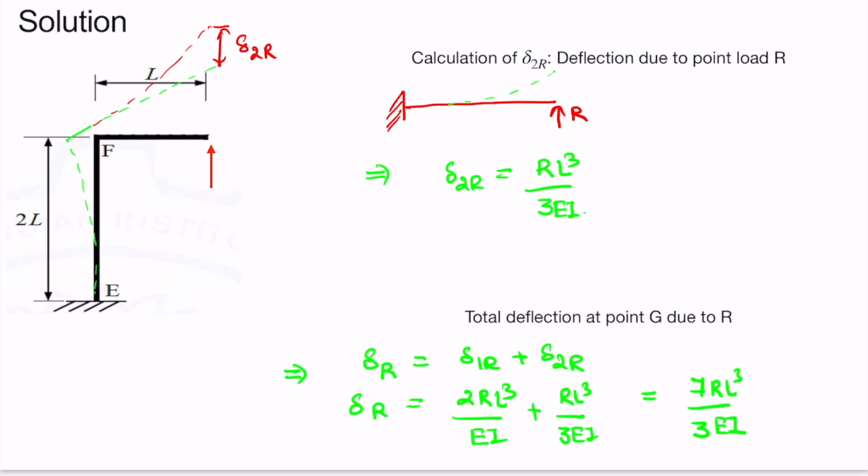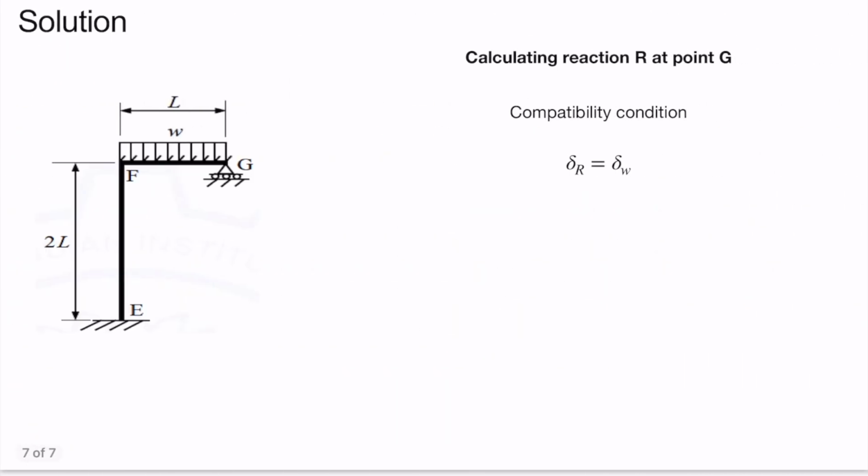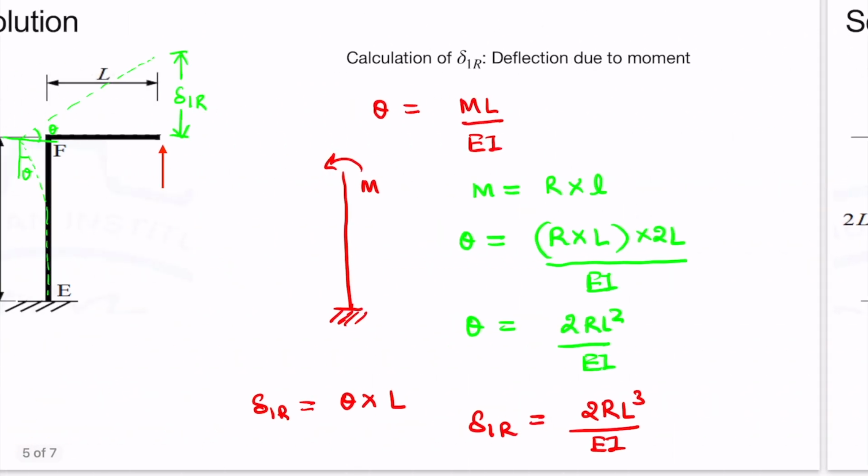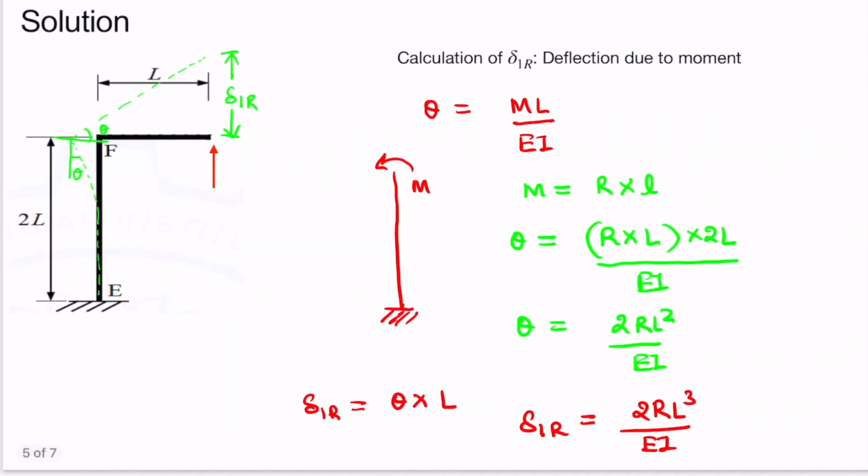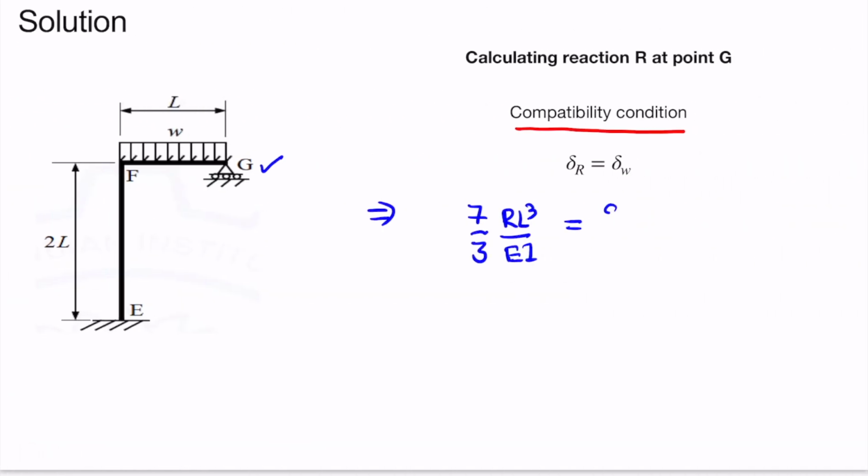Now we have the value of delta R as well as delta W. So we will apply our compatibility condition now. We know that the point G will not move anywhere as it is supported. Therefore, delta R should be equal to delta W. Delta R we calculated as 7 by 3 RL cube by EI, and delta W we calculated as 9 by 8 WL4 by EI.